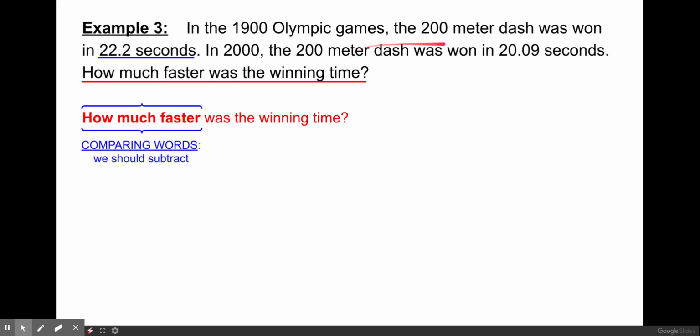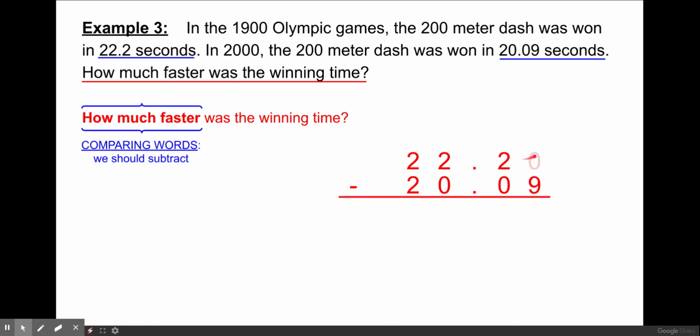So what are we going to subtract? Well, you've got 1900, 200, 2000. Well, let's look at the speeds. So we've got 22.2 seconds and we've got 20.09 seconds. So the bigger number minus the smaller number, 22.2 minus 20.09. And we can add a 0 placeholder right here. It's a good idea when you're subtracting. 0 minus 9, we cannot subtract that because 9's bigger than 0, so we're going to borrow from the 2.